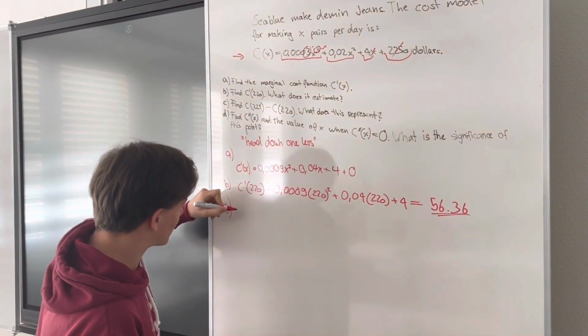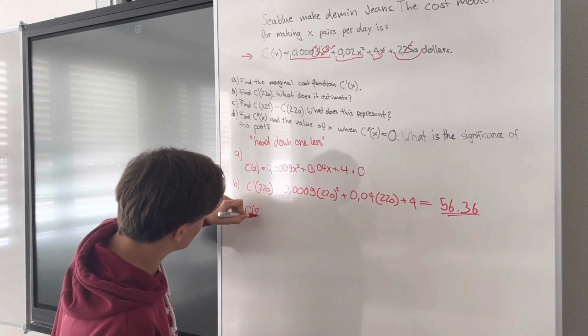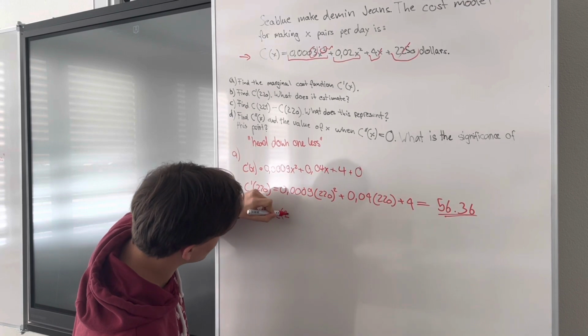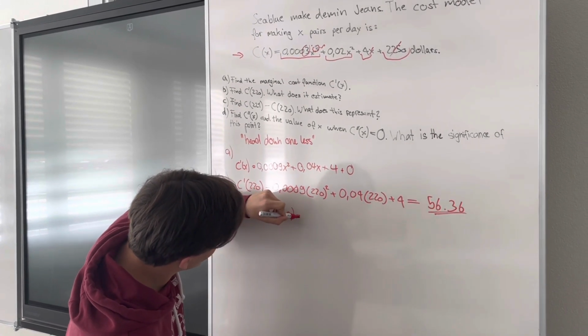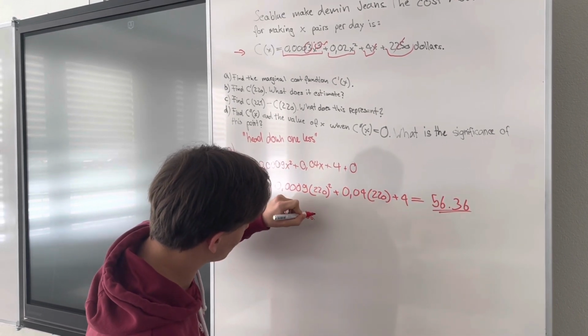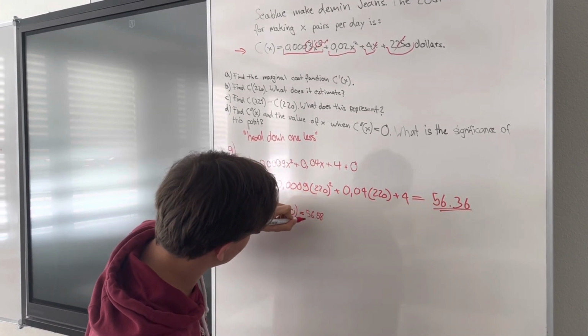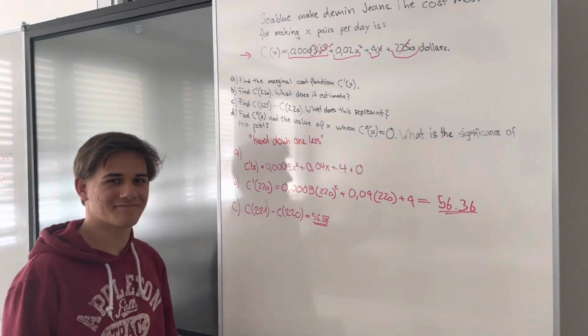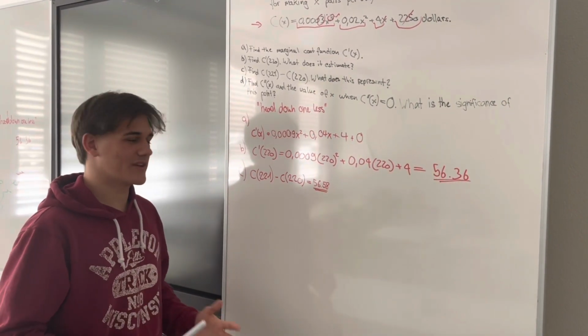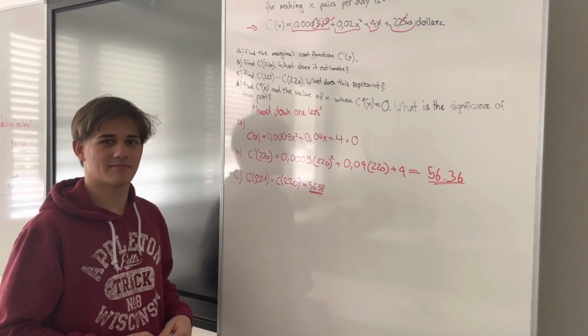So then we get this c of 221 minus c of 220, which is equal to 56.58. So this value is the actual increase in cost to make one extra pair of genes.